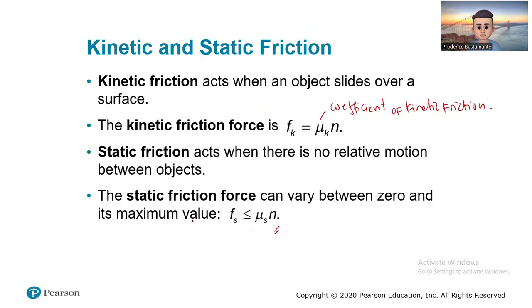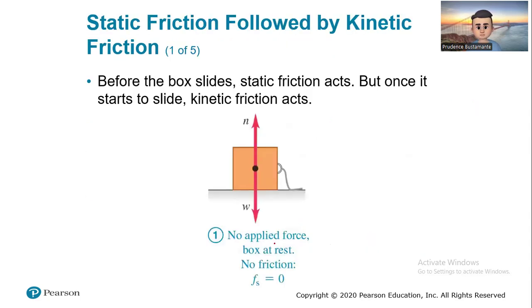The value of the static friction force, by the way, has this coefficient of static friction. This can vary from 0 up to the maximum value. Since there is no force being applied, there is no friction yet.